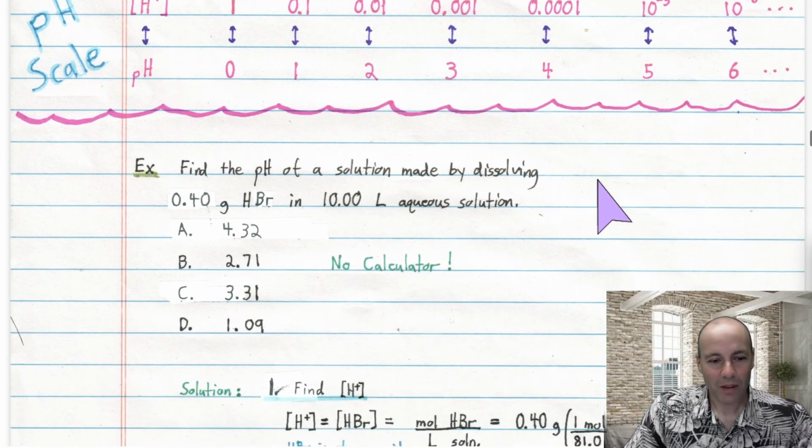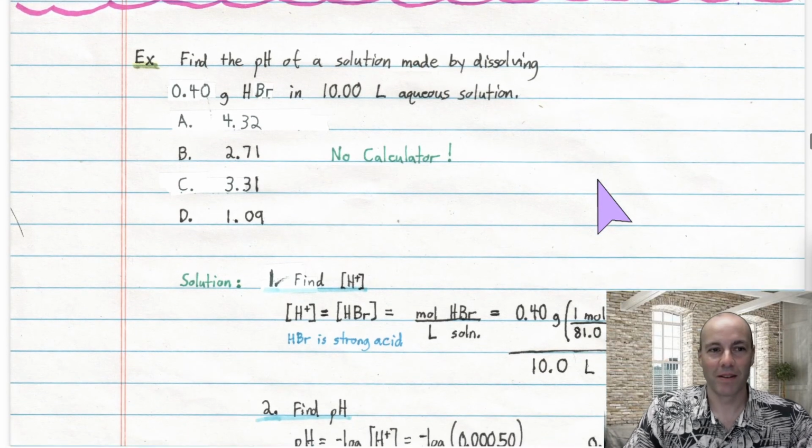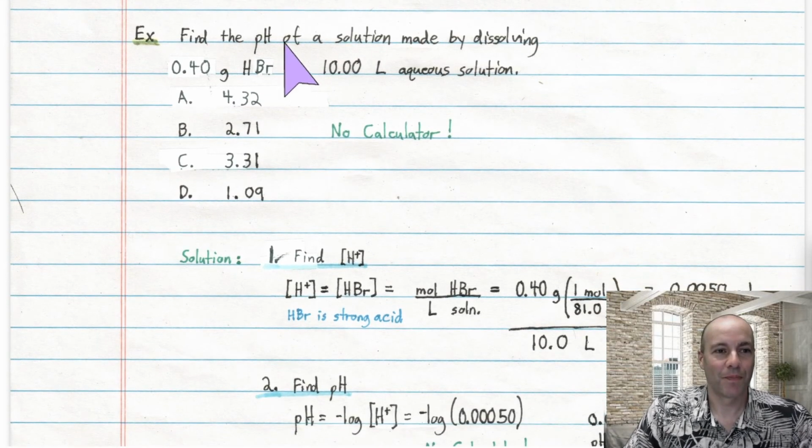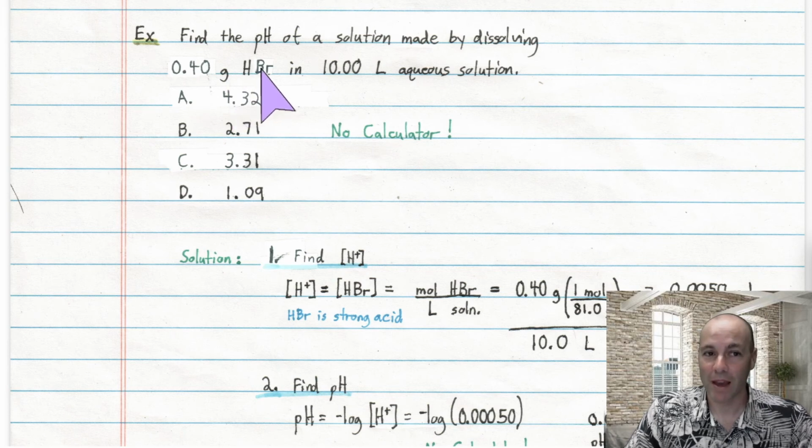Now, one more problem, a little more involved. Suppose you're asked to find the pH of a solution made by dissolving 0.40 grams of hydrobromic acid in 10 liters of aqueous solution.